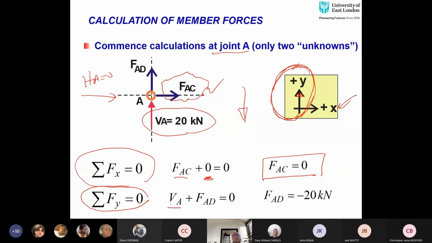So VA plus FAD is equal to 0. So this is the equation that I will write. If you bring this VA on the other side of 0, that will give you a negative direction. It means that my assumption was incorrect. My assumption that this is going to be in tension is incorrect. FAD is going to be in compression.